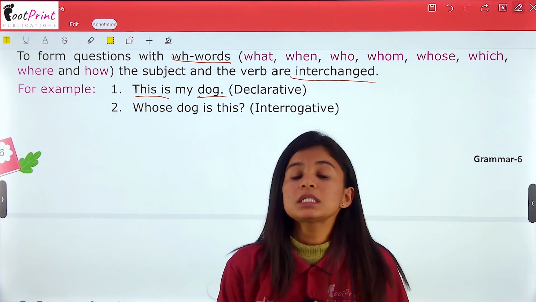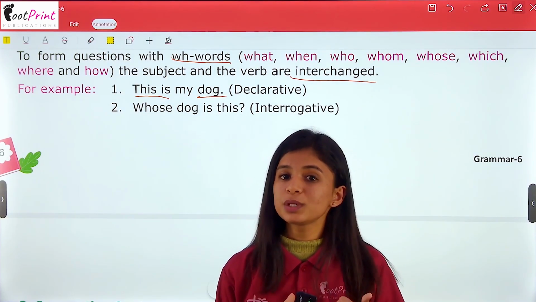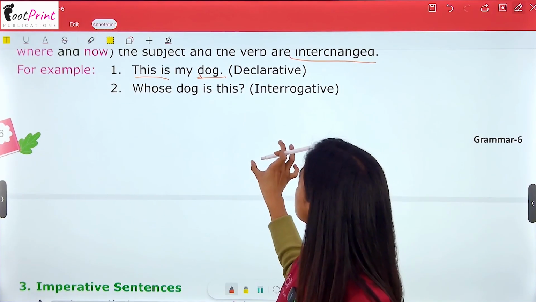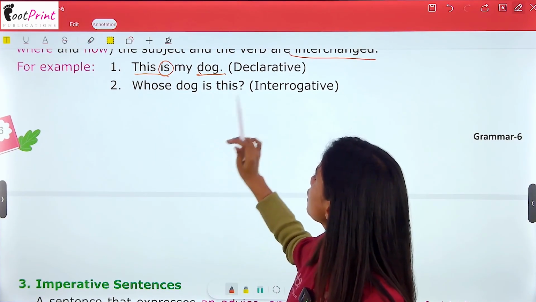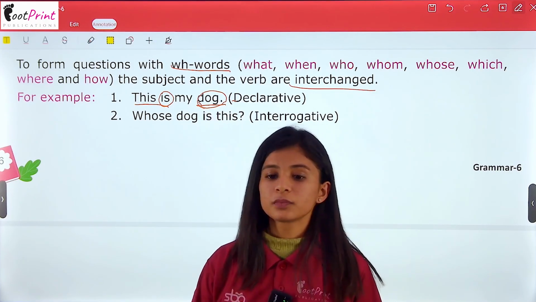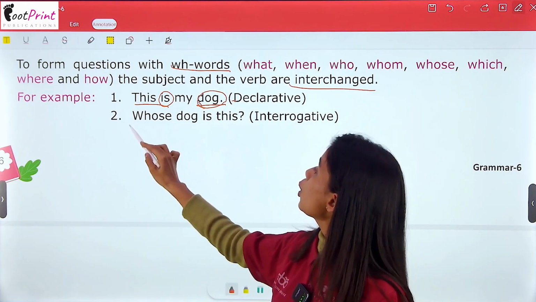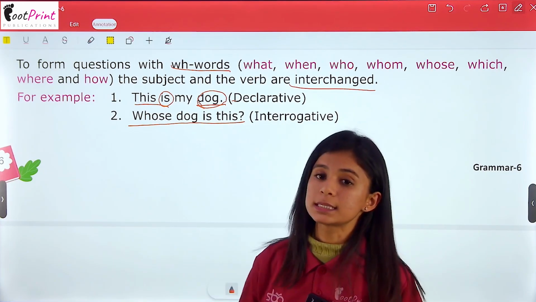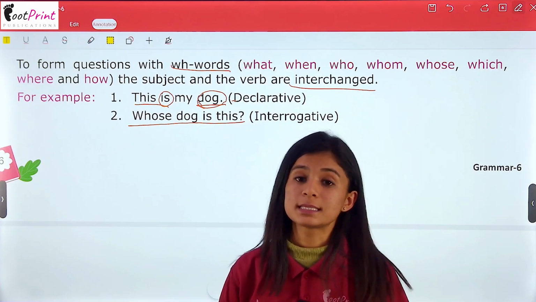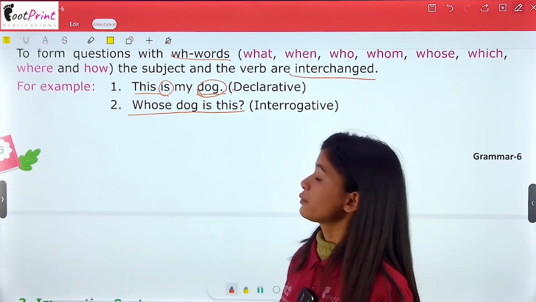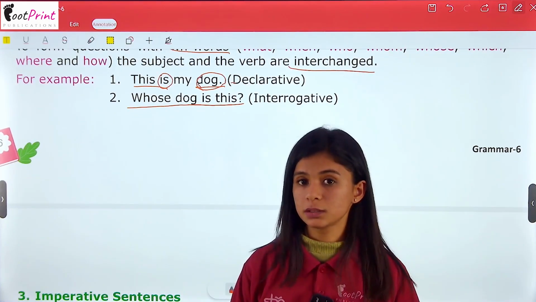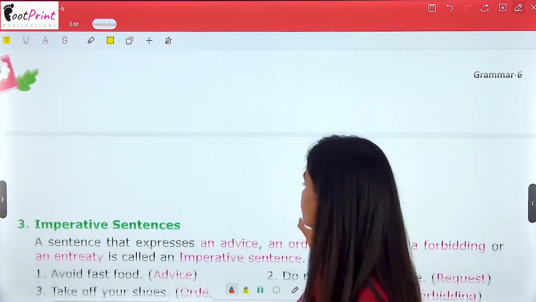When we convert it into a WH interrogative sentence, the auxiliary verb will be interchanged with the subject, right? For example, whose dog is this? Now we can see that is is placed after this in the declarative sentence, and in the interrogative sentence is is coming before this. I hope you got it.